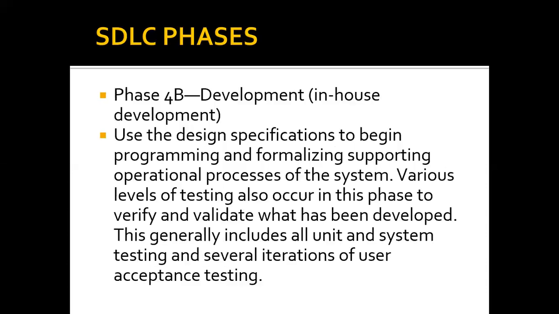All right, then if we are developing in-house, we move from design stage 3B to 4B, development, which is where we do the actual coding. So we pick the programming language depending on the kind of application we want to develop. Of course, we have Java, Python, C++, and the rest of them.